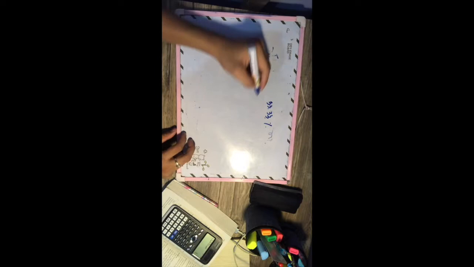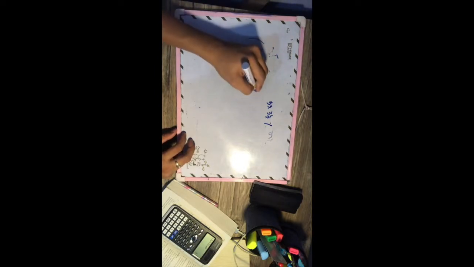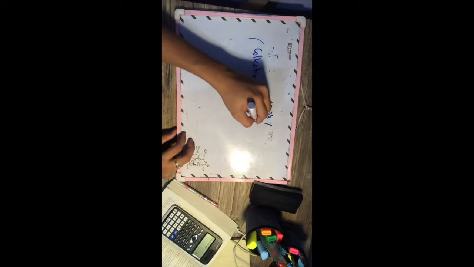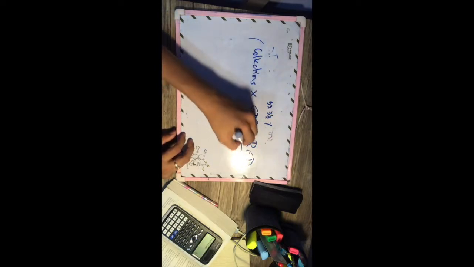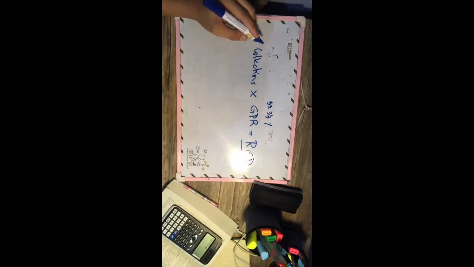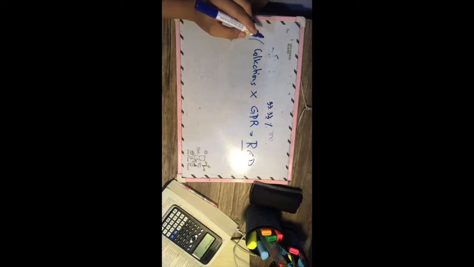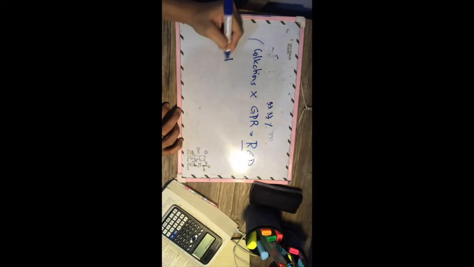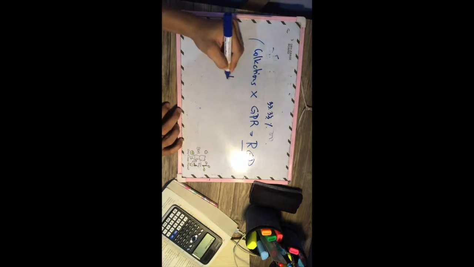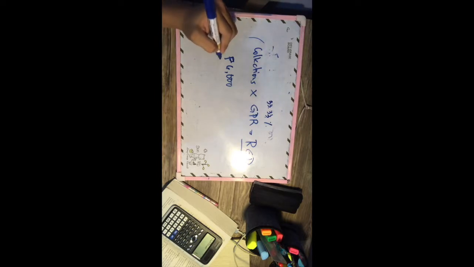We now compute for the collections. Remember, that's collections times gross profit rate. You get the realized gross profit. So, how much is the collection? Now, as for the collection, the problem states that PM company subsequently collects 6,000. So, unquestionably, we have 6,000 collection.